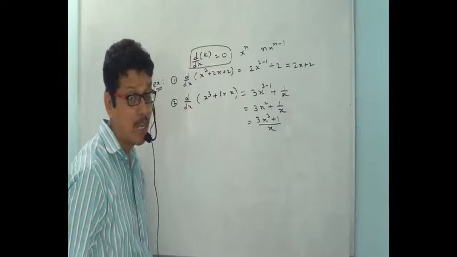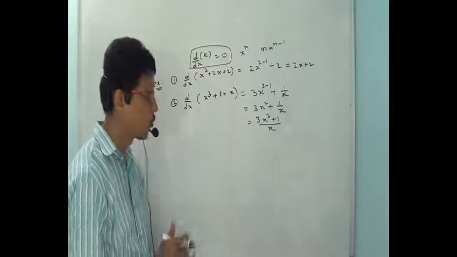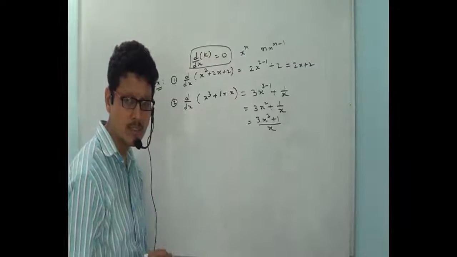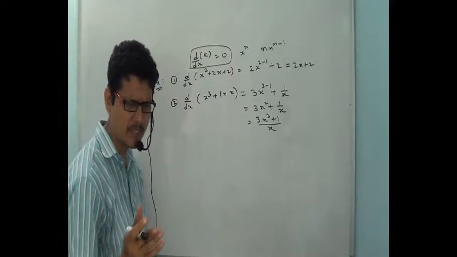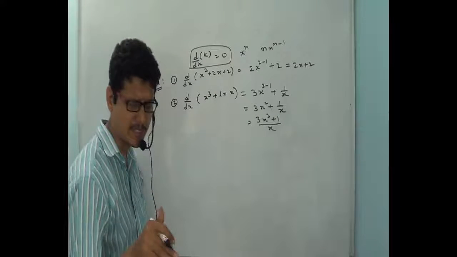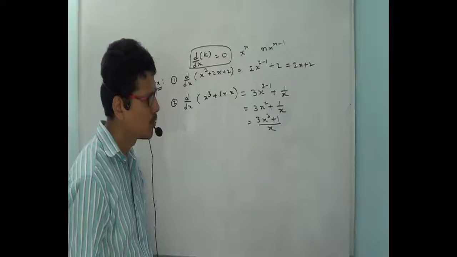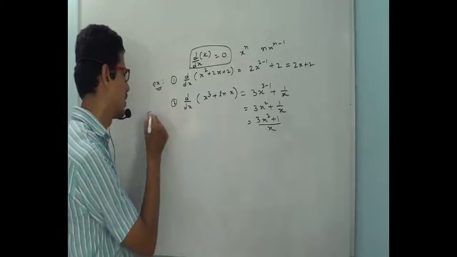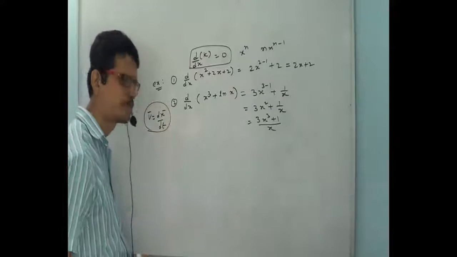One more thing: what is meant by taking the derivative? What is meant by dy by dx? y is changing with respect to x. Some physical quantity y is changing with respect to another physical quantity x. dy by dx is a rate measure. For example, velocity is the rate of change of displacement.